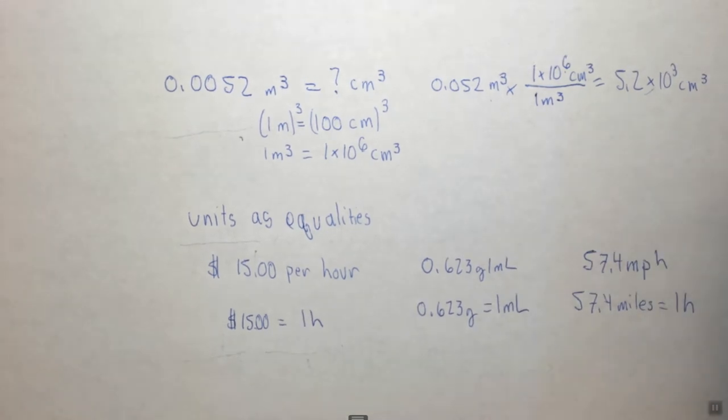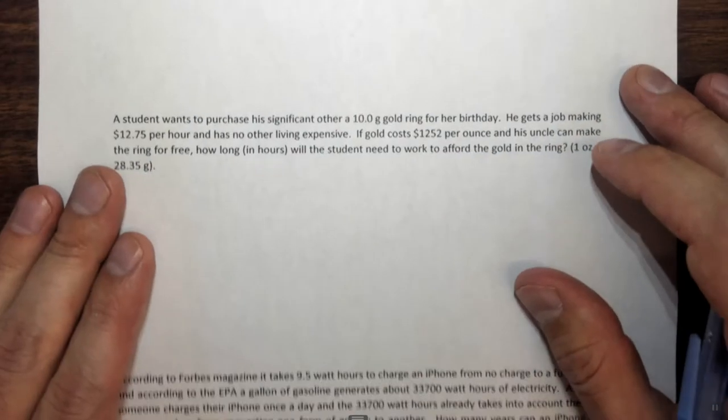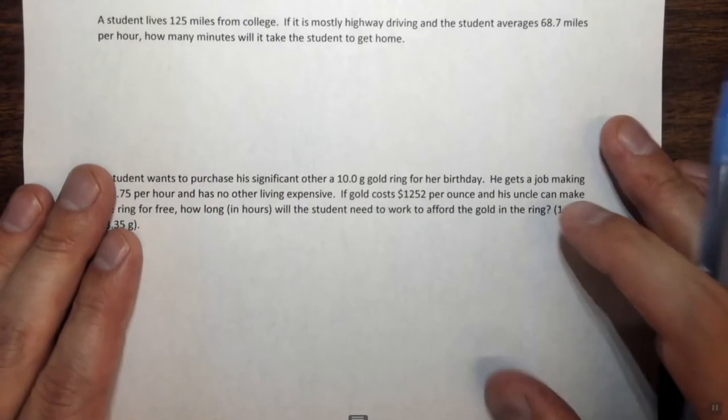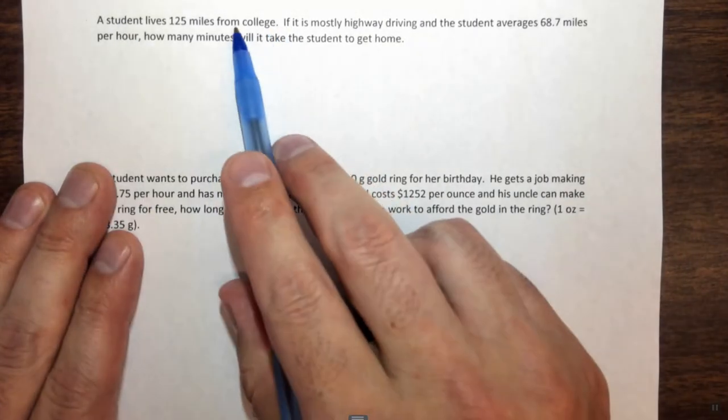So this will become useful as we start to take a look at a few different examples of word problems that involve dimensional analysis. So let's take a look at those now. So the first one I have is, a student lives 125 miles from college.